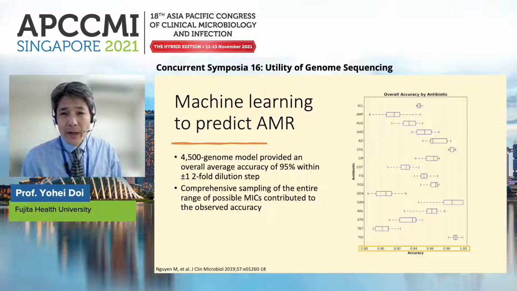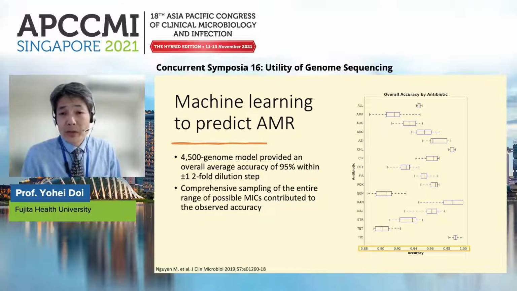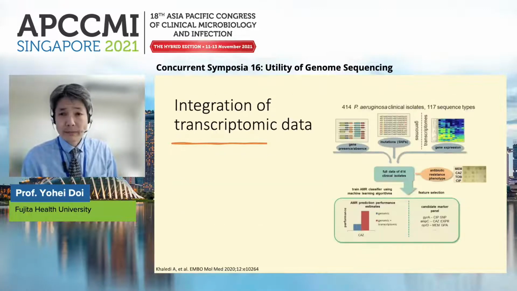And one fortunate thing in this case was that the underlying database of 5,000 plus strains was unbiased as well, and included susceptible and resistant isolates. So that gave an opportunity for a comprehensive analysis across the spectrum of MICs, which the authors discuss led to accurate prediction of MICs.